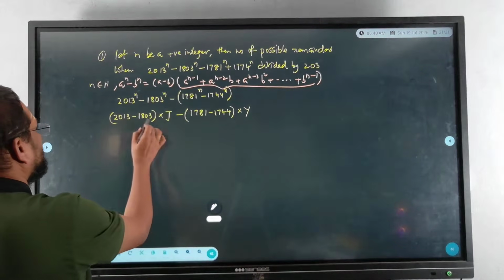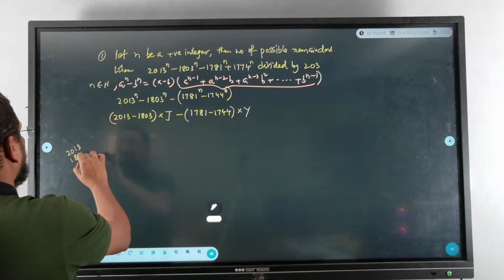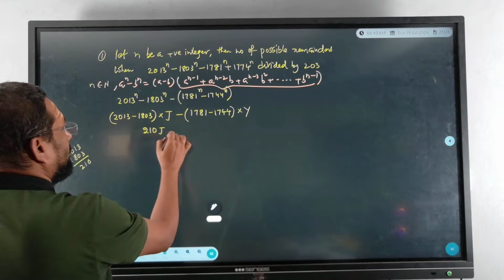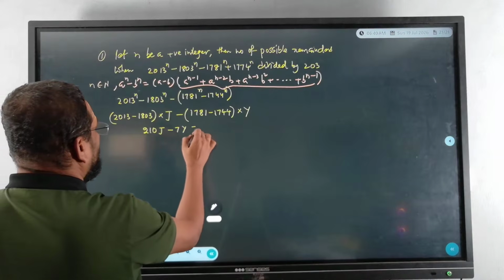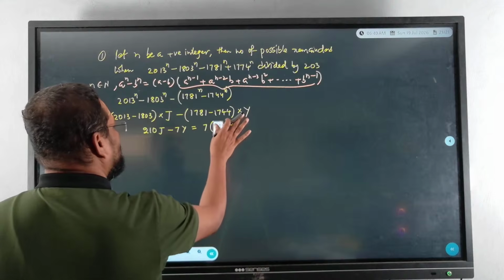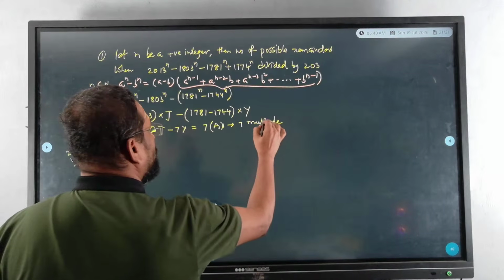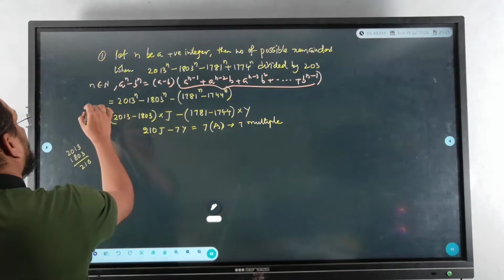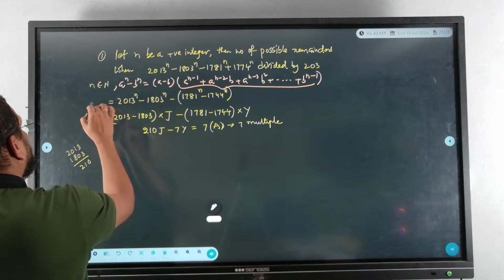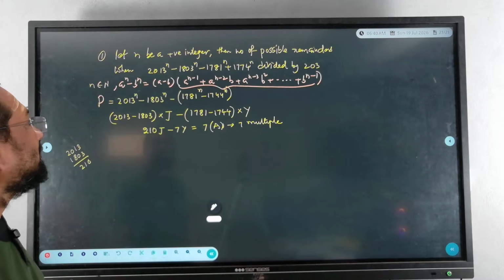Right? So what is the difference here? 2013 minus 1803 is 210, and 1781 minus 1774 is 7. So it is 7 times something, that is a 7 multiple. Let this be P. P is a 7 multiple.